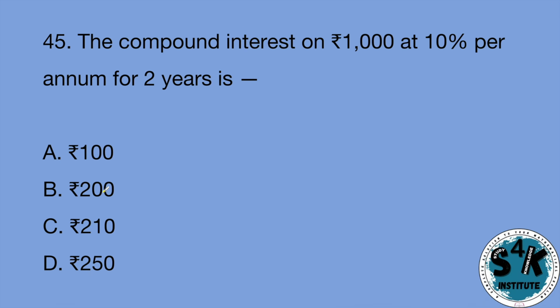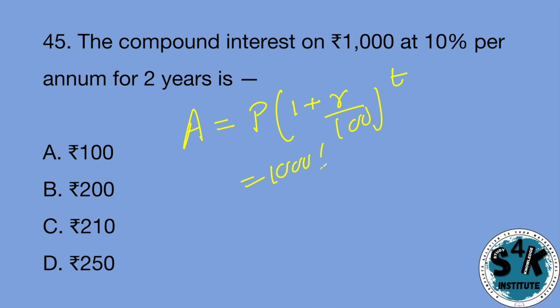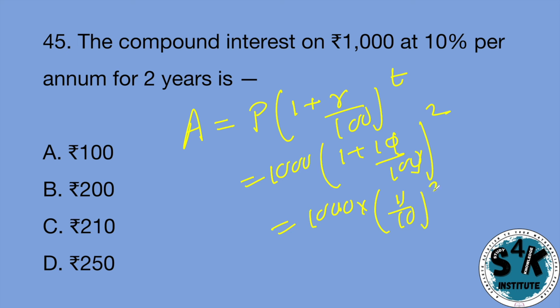Okay. Now compound interest. You must be aware that we cannot directly calculate compound interest. We have to calculate the amount. So amount will be principal times 1 plus R over 100 raised to the power T. So let's calculate the amount. First 1000, then 1 plus 10 over 100 to the power 2. So it becomes 1000 into 11 by 10 squared.